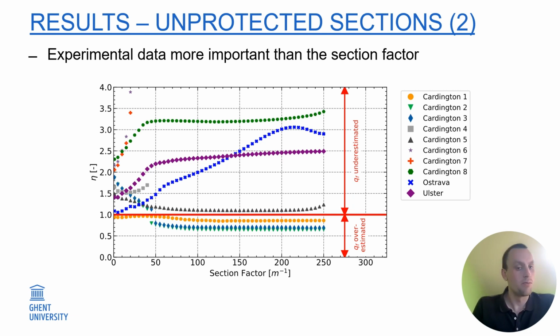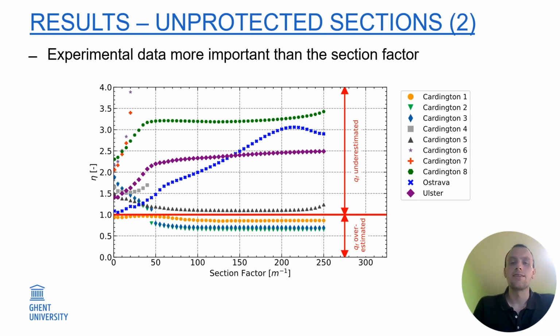We get more or less horizontal lines, except if we go to very low values of the correction factor and for the Ostrava fire test. What is important to note is that the experimental data sets for which we get high values for the correction factor are experimental data sets that declare a high value for the thermal inertia.